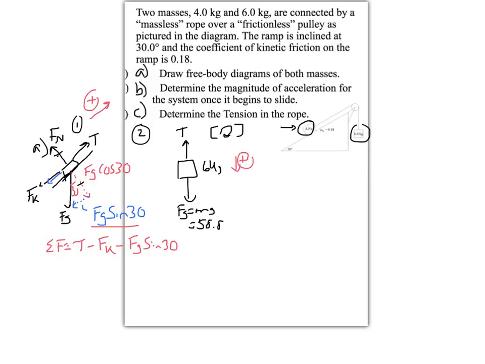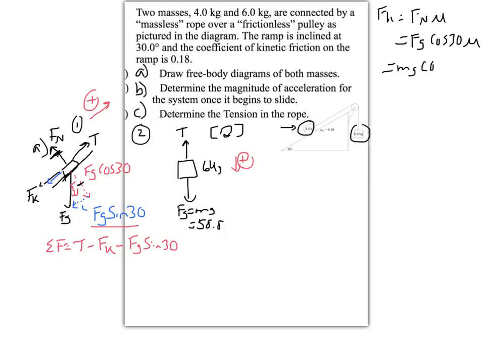Now, a couple side notes here. We can simplify this equation. We know the equation for Fk is going to be Fn times mu. Now, Fn is this guy right here. And we just said that that guy is equal to that guy. So we can say that Fn is equal to Fg cos 30 times mu. Fg we know is mg.